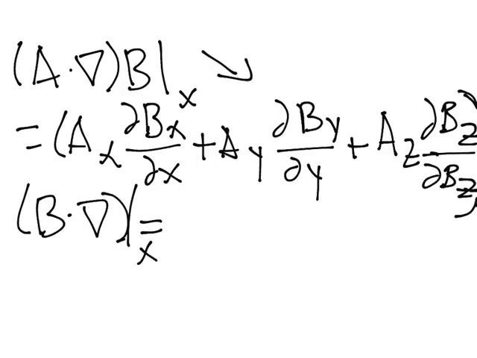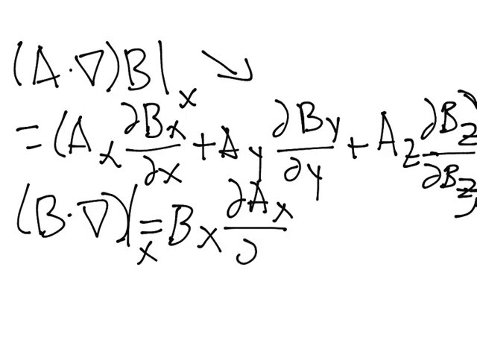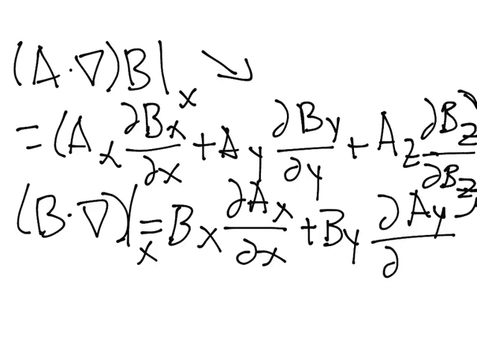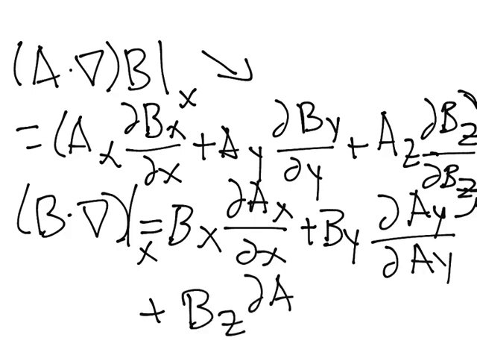And what is this equal to? This should be very straightforward. It's literally just the exact same logic with different letters, and I'll write it down here. BZ, del AZ.